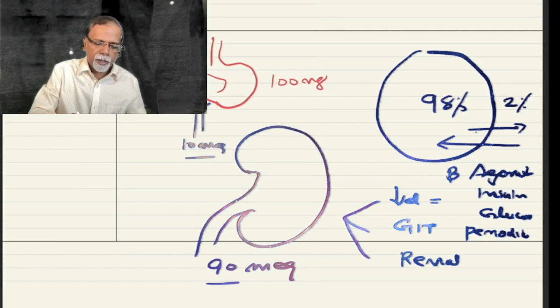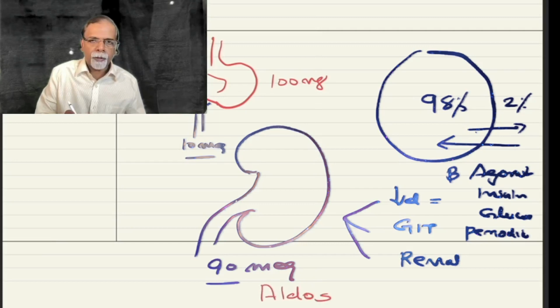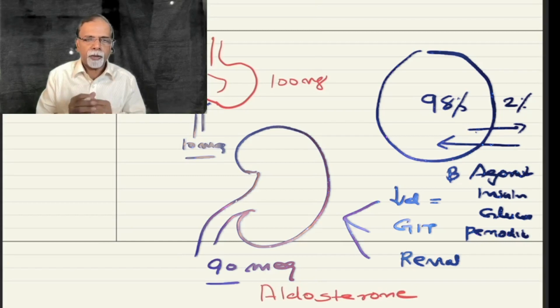And again remember, the renal loss depends mainly on the aldosterone. So hyperaldosteronism will lead on to increased excretion of potassium because of the action of the aldosterone on the distal tubules.